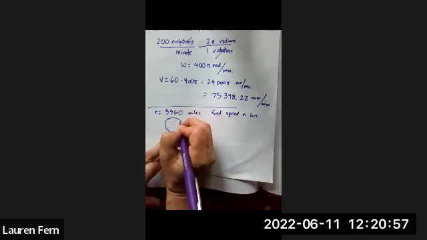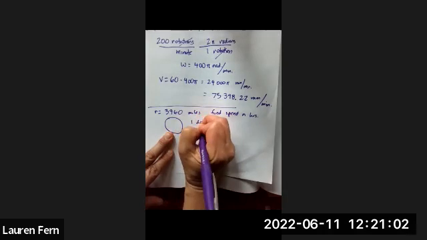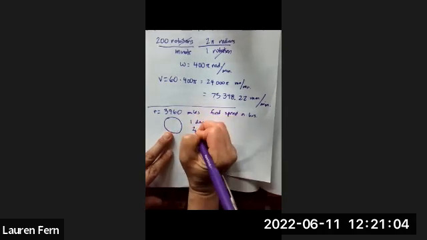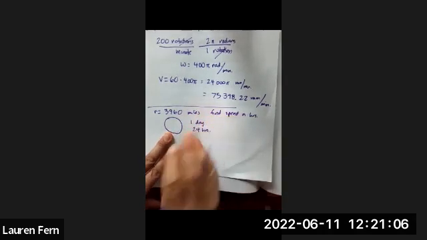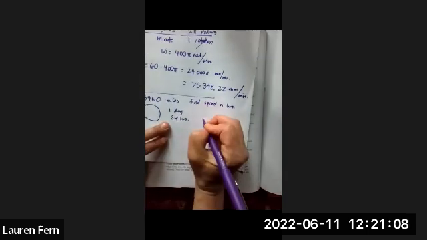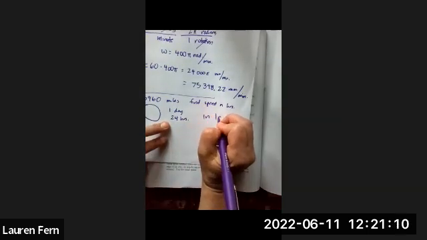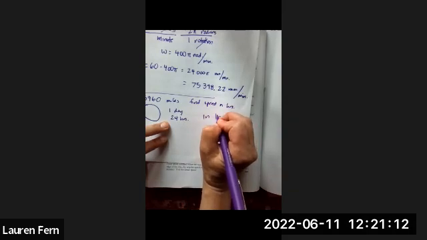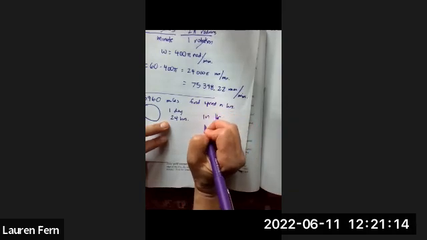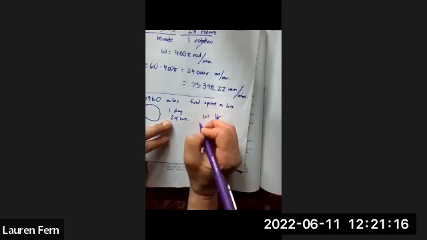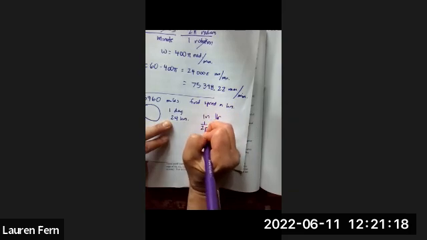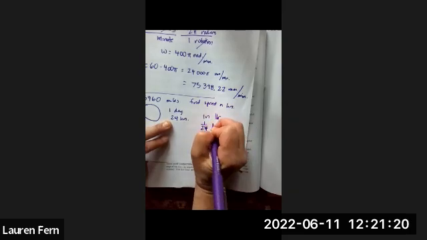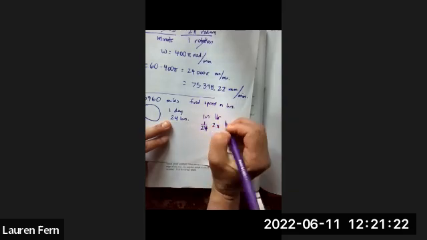Well, we go around a full revolution in 1 day. 1 day is 24 hours. So in 1 hour, what have we done? We've gone 1/24 of the total distance around the circle.